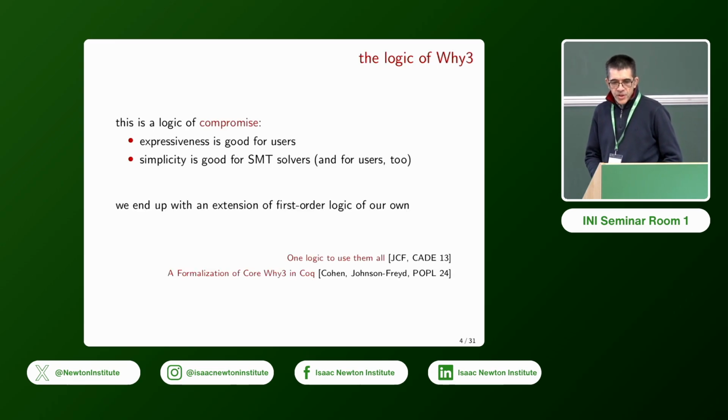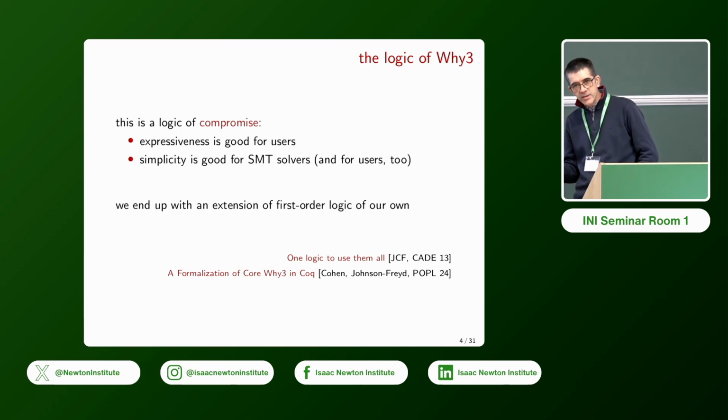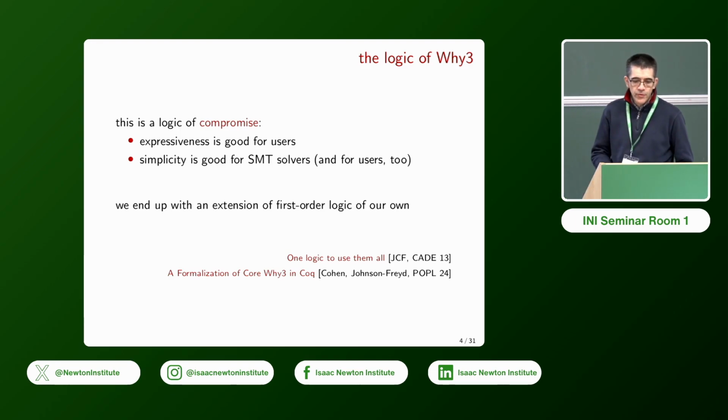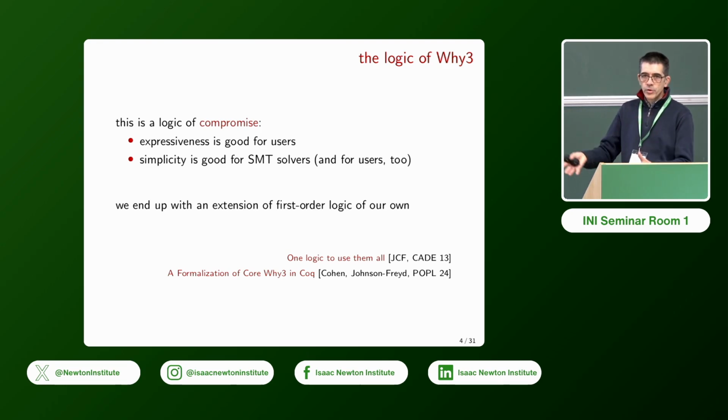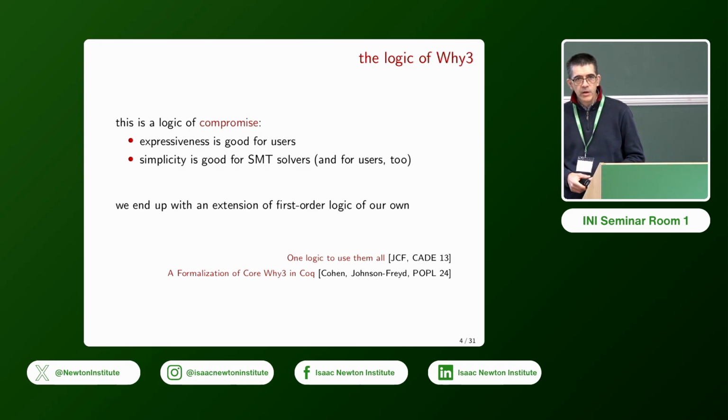So the logic of Why3 is the logic of compromise, and it echoes Benjamin's slides earlier, in that it tries to be expressive, which is good for a user, but at the same time it has to be simple enough for SMT solvers, and also for users, because when you debug while doing program verification, at least in Why3, you typically look at the logical statement of the VC, which is not proved yet, and the simpler the better for the user.